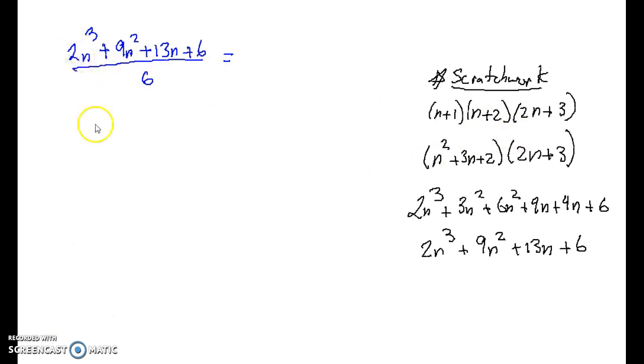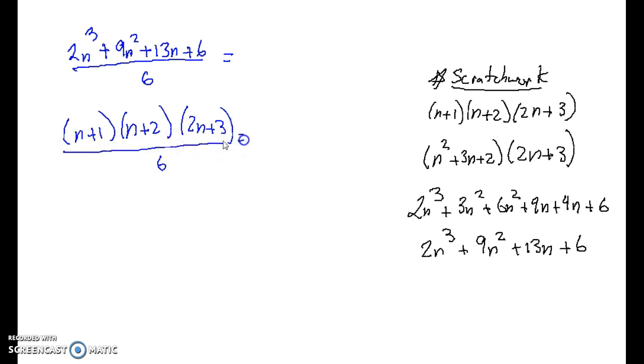So that means, because again, I'm focusing on my blue writing, that this would turn out to be n plus 1 times n plus 2 times 2n plus 3, and then all over 6. Notice the left side was equal to the right side.